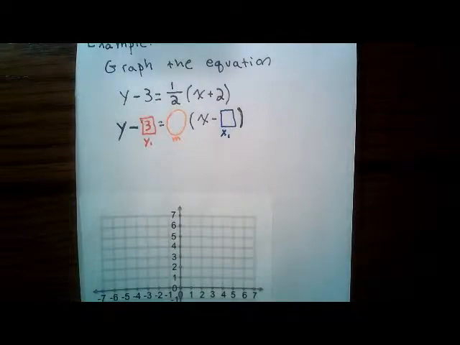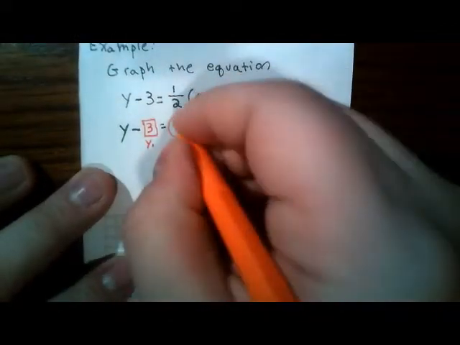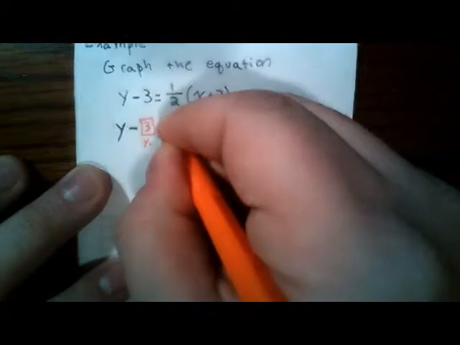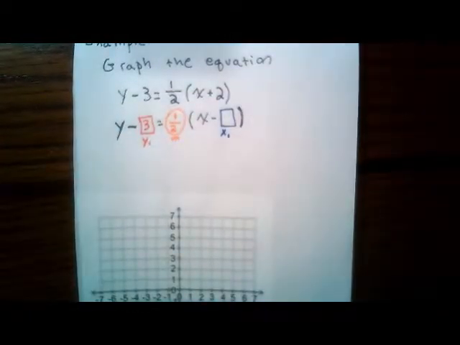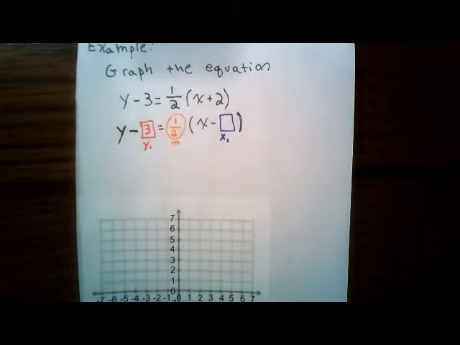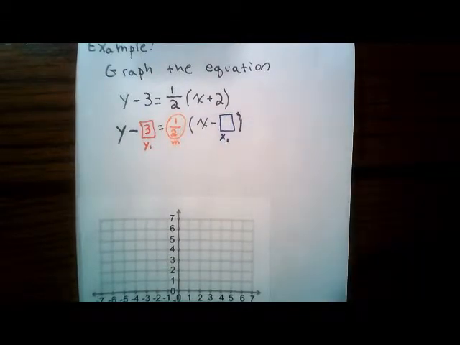Now what would the slope be if I want it to look like this equation? The slope has to be 1/2. And here's the tricky one. Okay, I'm given x plus 2, but my point slope form is always x minus some number.